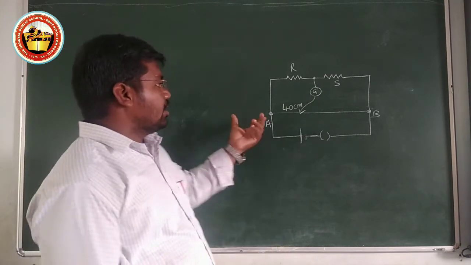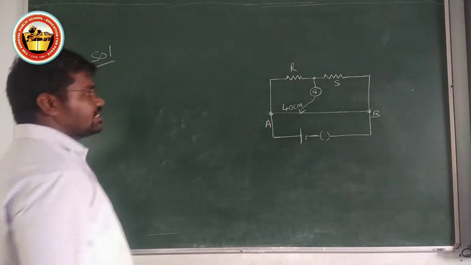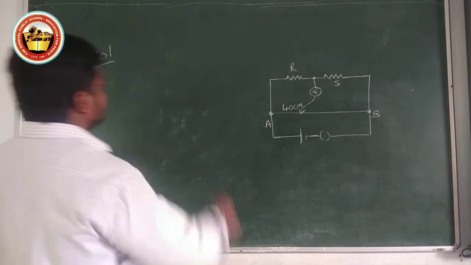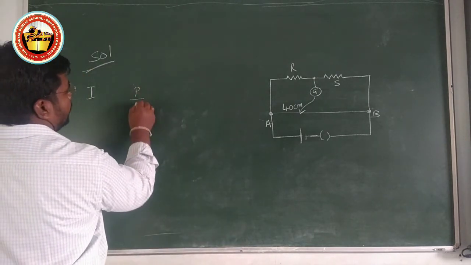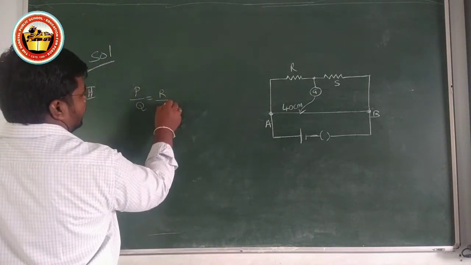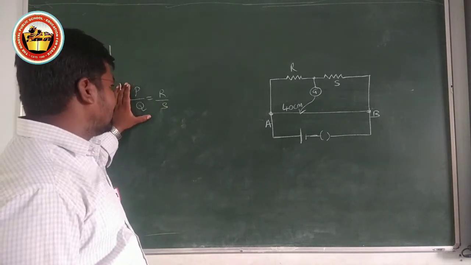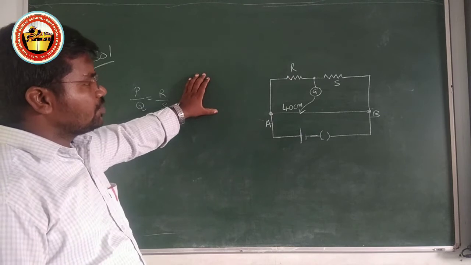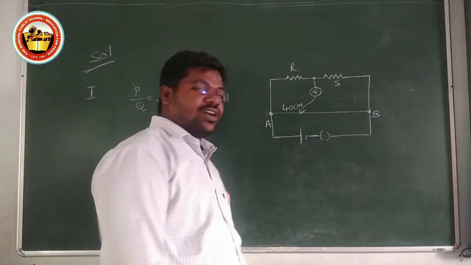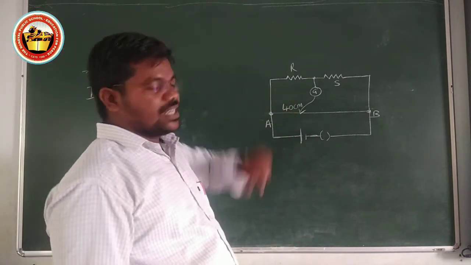See, what is the balancing condition of the Wheatstone bridge? P by Q is equal to R by S. So with the help of the balanced condition of the Wheatstone bridge, we have to find the unknown resistance in the meter bridge.